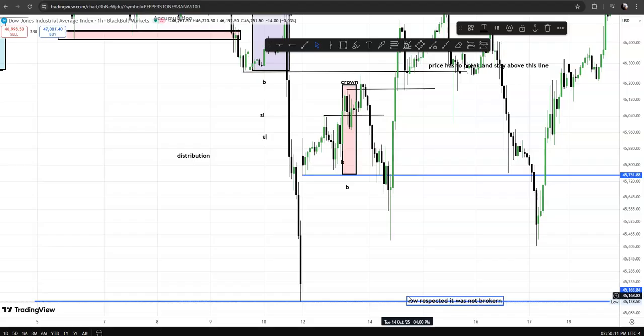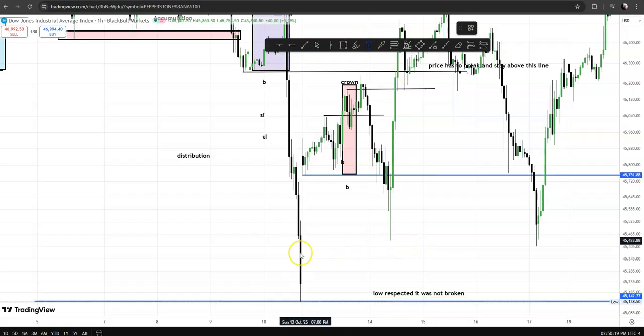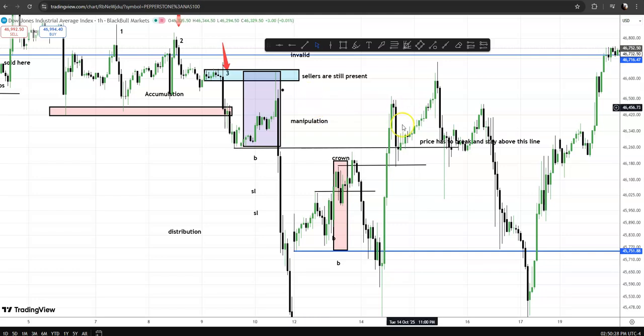Not broken. So that was the first clue to us that buyers are present in the discount zone. All of this move gave us a discount, so buyers are still present. But just because buyers are still present, that doesn't mean that the order block from up here has been broken. So first attempt, bam.